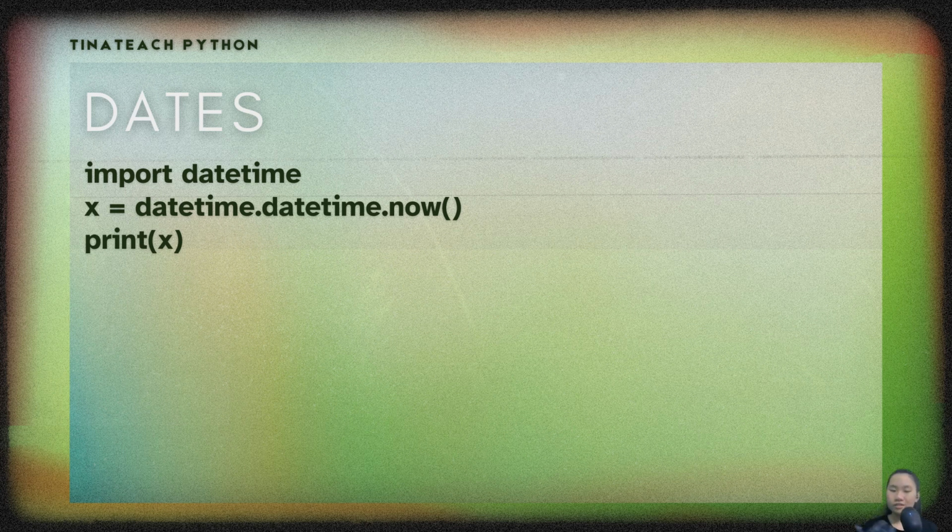Instead of just writing datetime again and again. Now, if you write datetime.now, it refers to the date and the time of now, like the current date and time that you're in, okay? So let's move on to output and format.